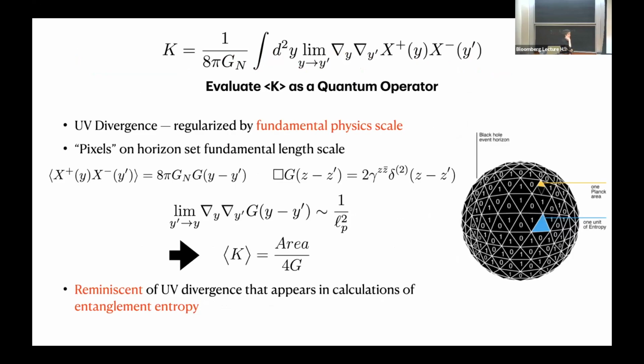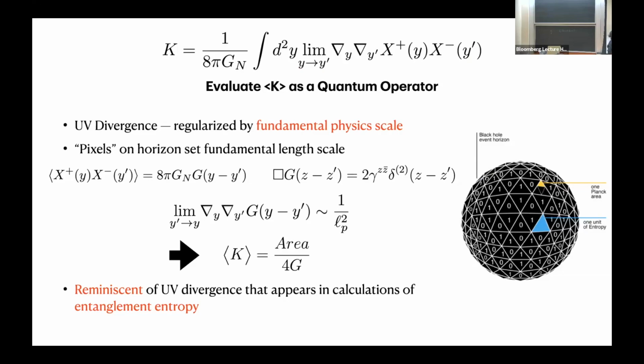So now let's evaluate that. The modular Hamiltonian now is this product of light ray operators. I can do an integration by parts to pull the derivatives onto, say, one of the operators. And now I can plug in this expression, which comes from the 't Hooft commutation relations.